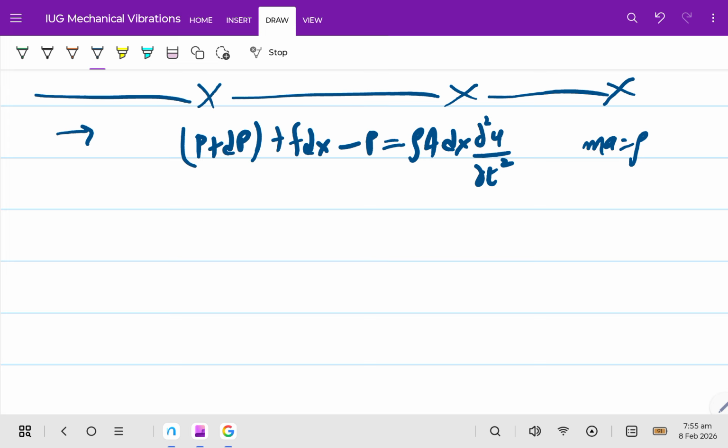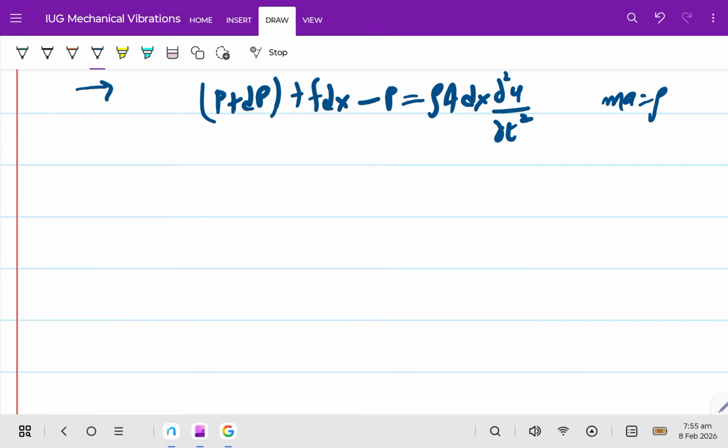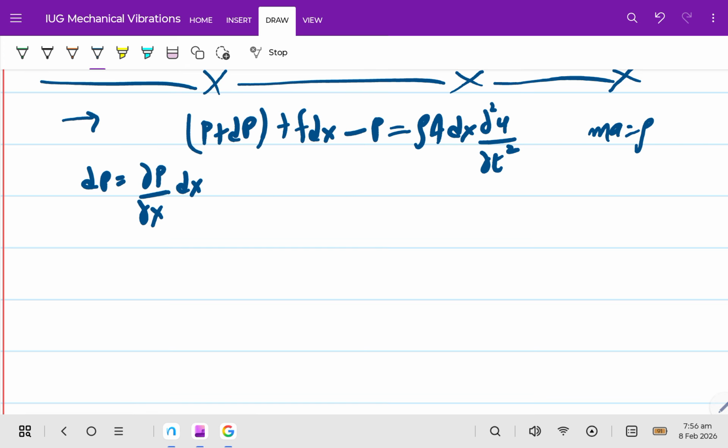The next step, we can simplify it further based on the expression we found for the pressure. dP is actually equal to the change in pressure with respect to x times dx, because we know the pressure is not totally dependent on the position. It has some other influences as well, so that is a partial differential.